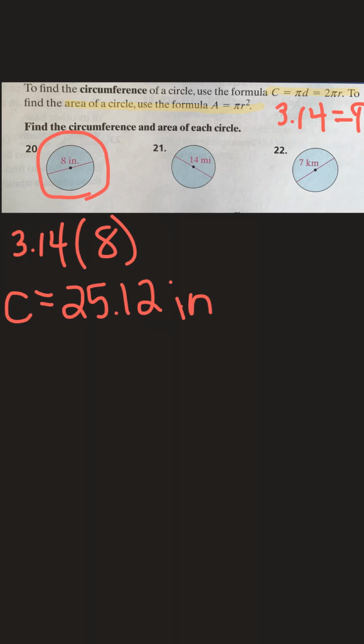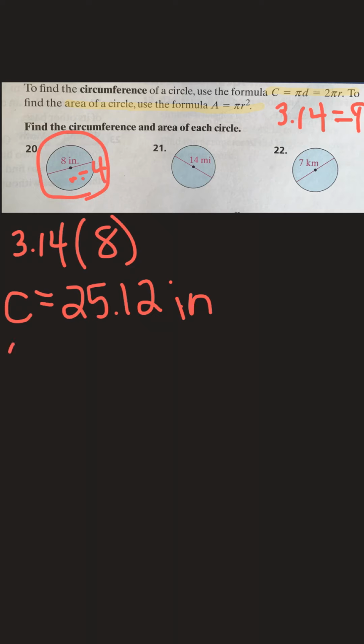Now the area is going to be pi r squared. So if we know the diameter is 8, that means the radius is half of that. So the radius is going to equal 4.